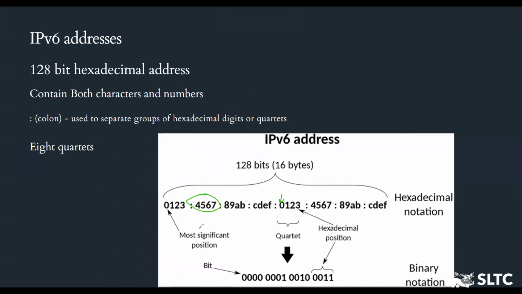Likewise, we can denote each of the quartets using 16 bits, right? So we can represent a quartet using 16 bits, and then we can have finally 128 bits. So likewise, we have the IPv6 address scheme.